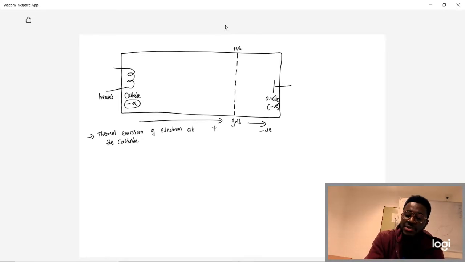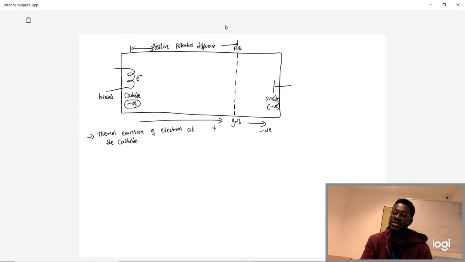So now your electrons are emitted, and there's a positive potential difference. The potential difference is basically the ability to do work, right?